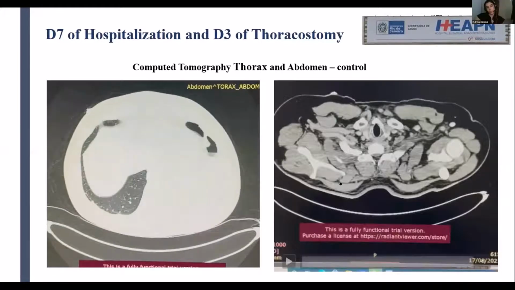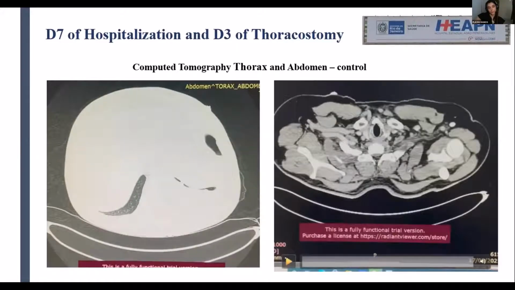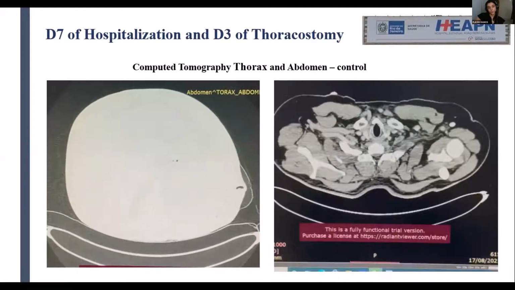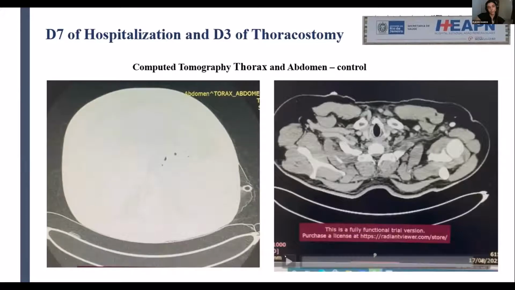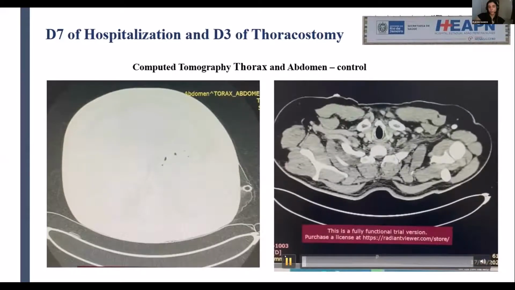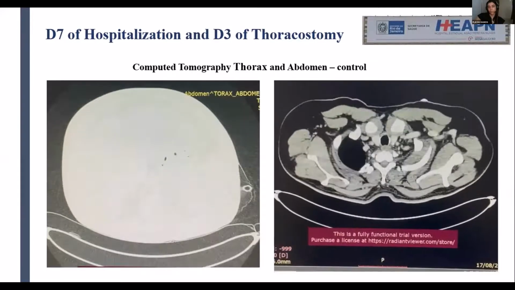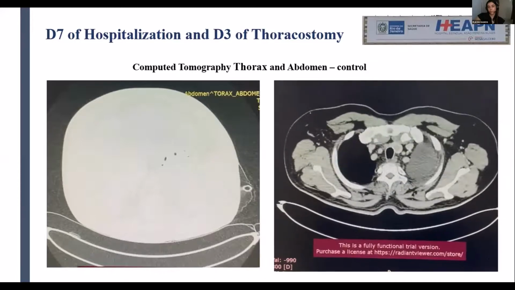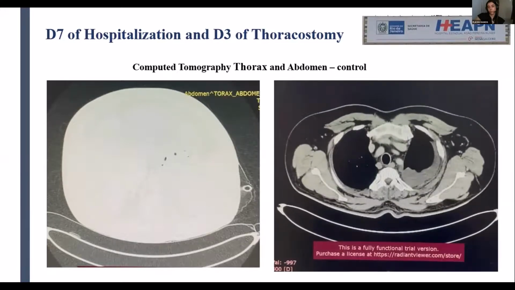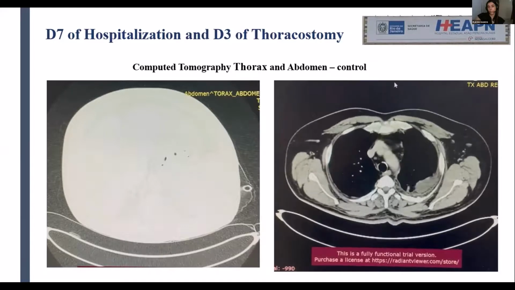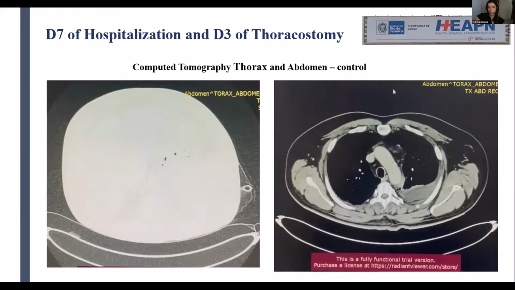As you can see, there is a pneumothorax. And this one looks like there's more fluid than on the first one.